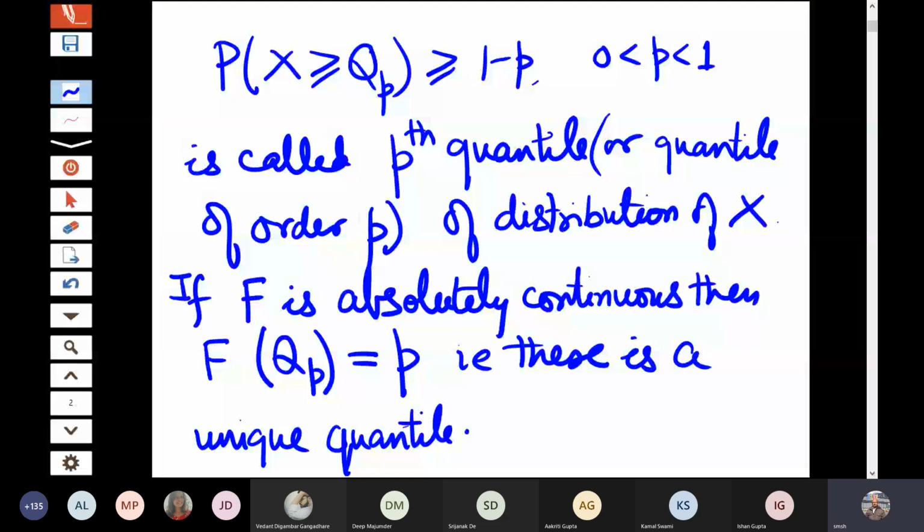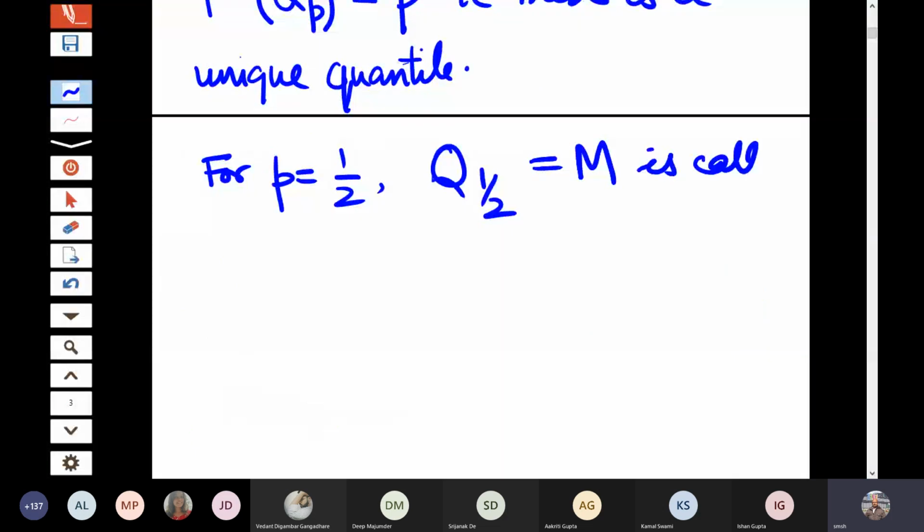Now we write, for P equal to half, so that is Q half, this is equal to M, called the median.